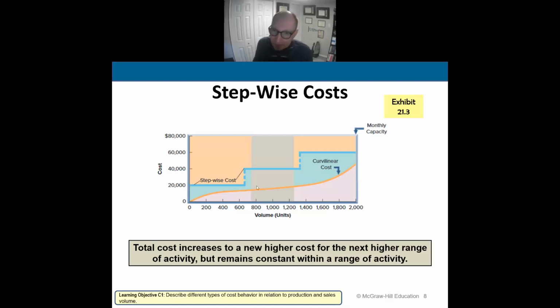We call that the base. Okay, so right down here, this is where you would be, the base. When you hit that 3 gigabyte limit, the cell phone company says, hey, I'll charge you an additional $20 for that next gigabyte that you can use. We call that a stepwise cost.